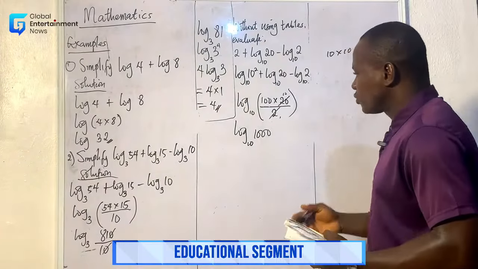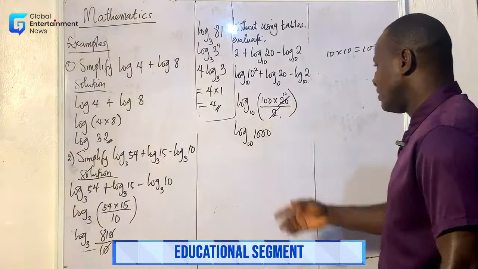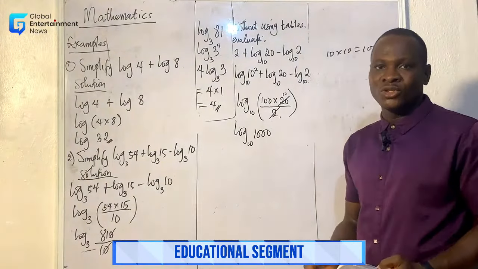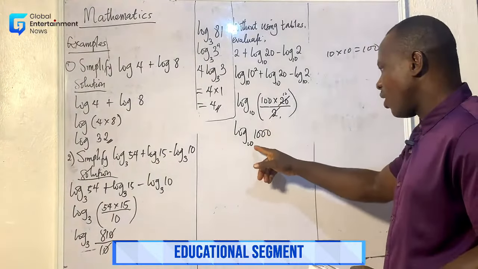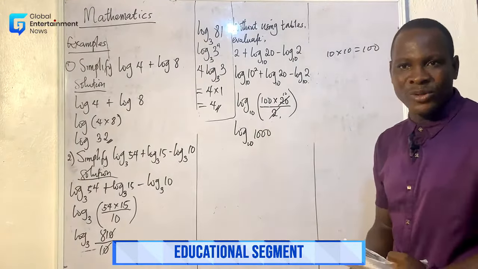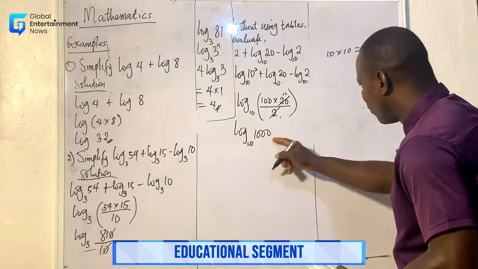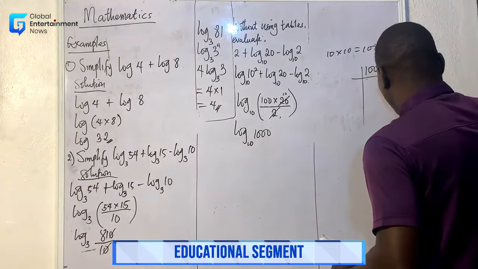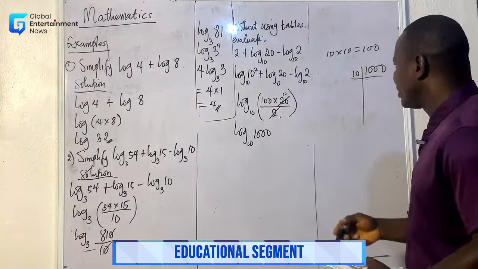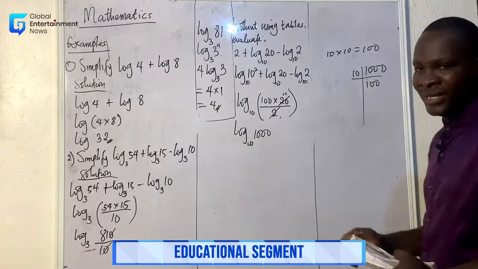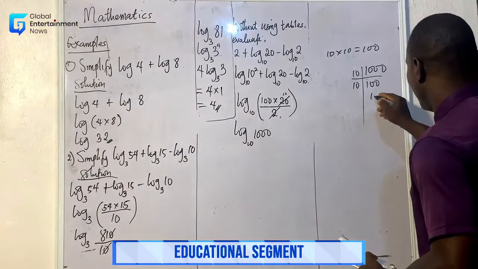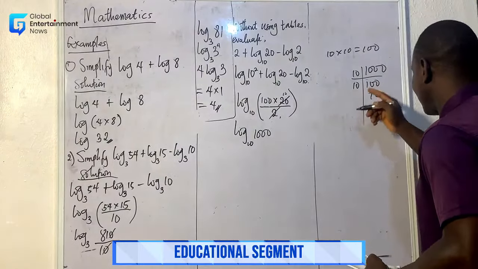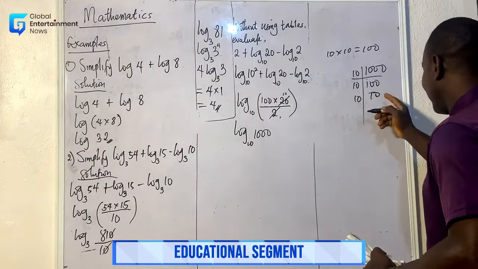Now, I told you, you can't leave your answer like this, a bigger number. What do you need to do? Express your log in the power of base 10. How do we express it? That means this 1,000 in the power of base 10, how many 10 can we see here? We have 100. Then use 10 again. How many 10 can we see in 100? 10. 10 again, 10 in 10, 1.